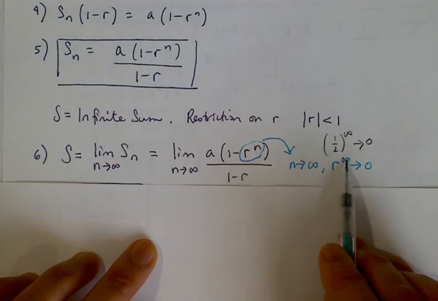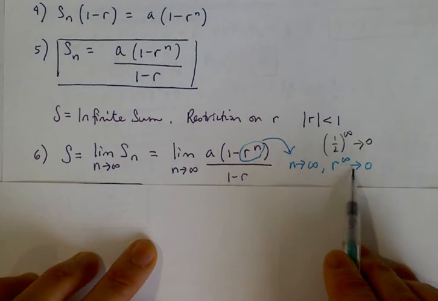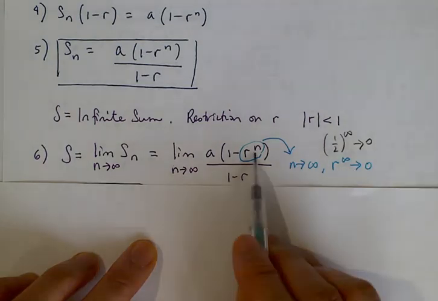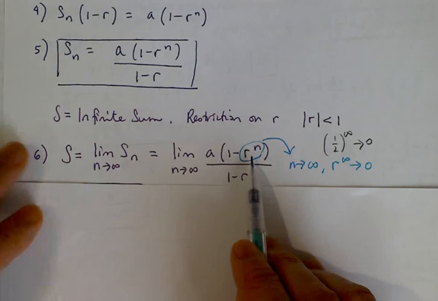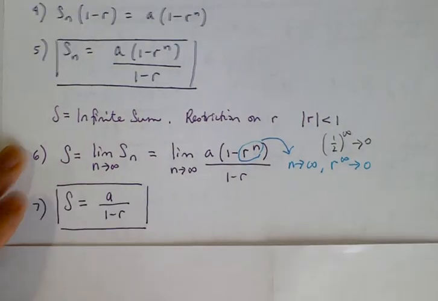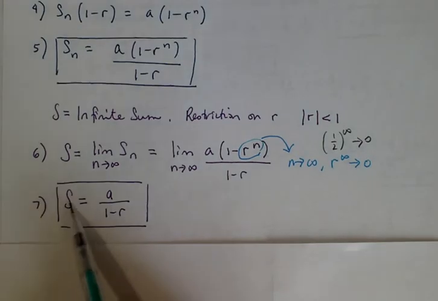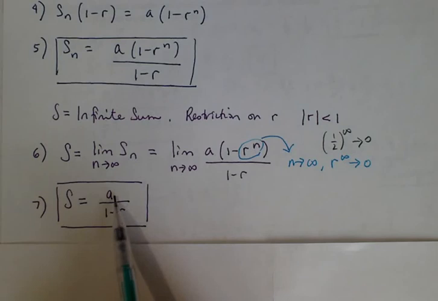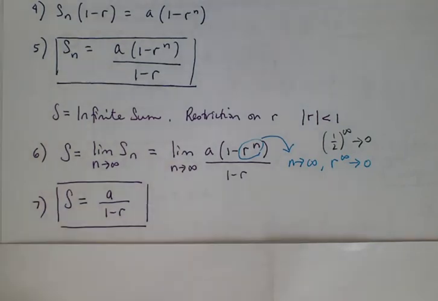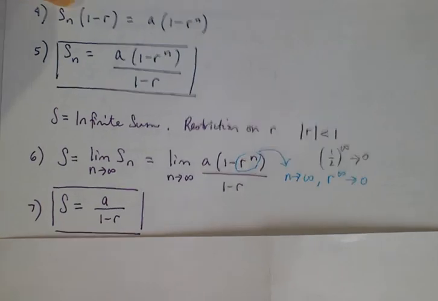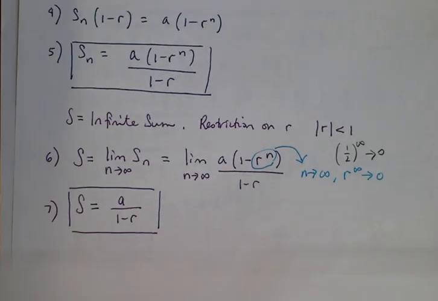So any common ratio whose absolute value is less than 1, if you raise it to the infinity power, is going to go to 0. So this part here is going to drop out. And if you put it all together, the sum is equal to your first term, a, divided by 1 minus r. Hopefully that's helpful to see where that formula came from and we got to the source.